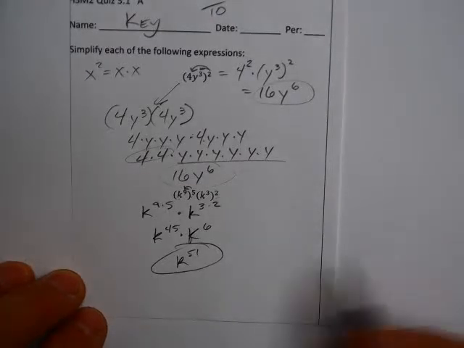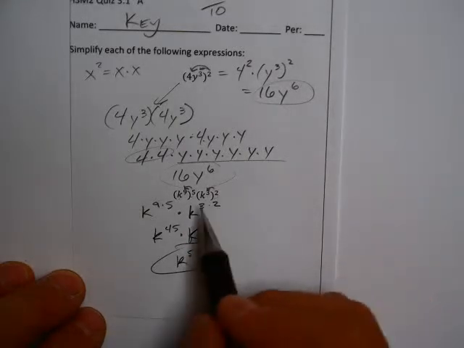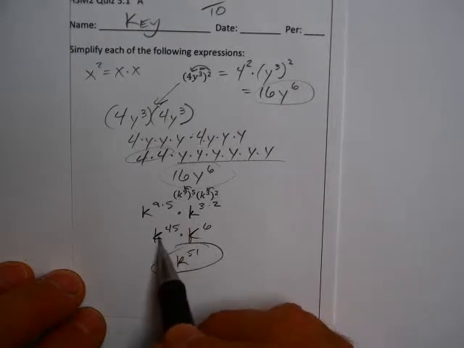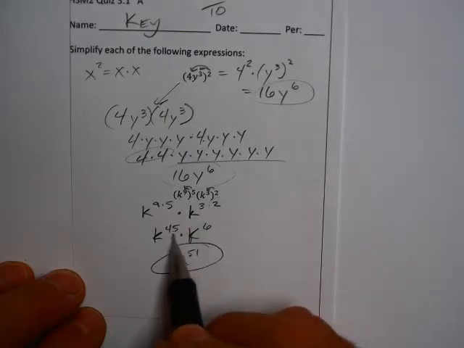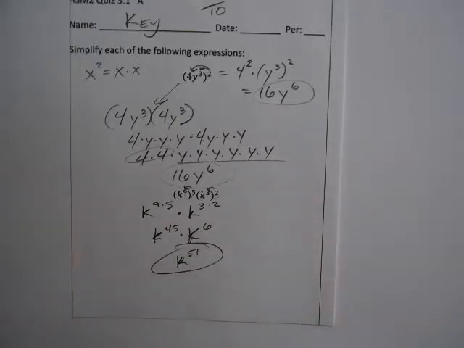So anyway, understanding these rules, where when we raise a power to a power, we multiply, and then when we're taking like bases with different exponents, or even they could be the same exponent, you add the exponents. Those are our rules that we're learning right now, and some are struggling with a little bit.